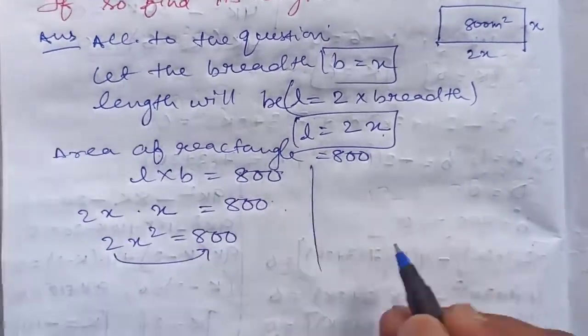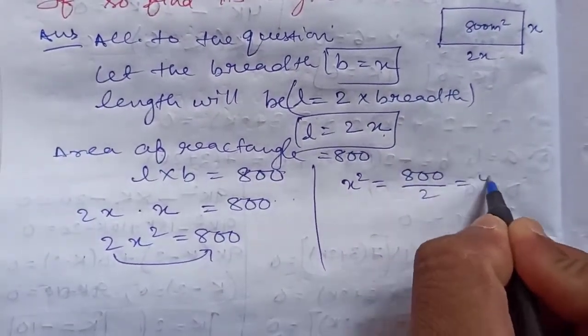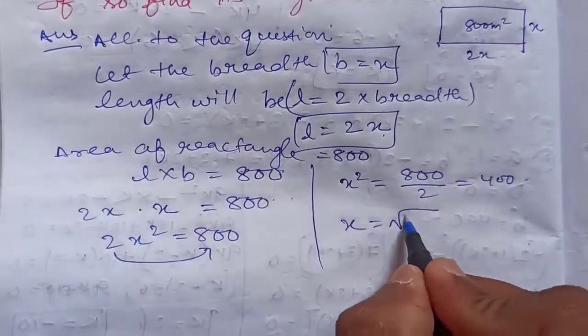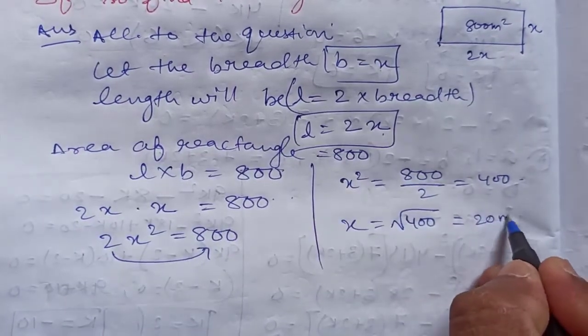Divide by 2, we get x square equals 800 by 2, that is 400. Now bring the square to this side, it becomes the square root of 400, which is 20 meter.